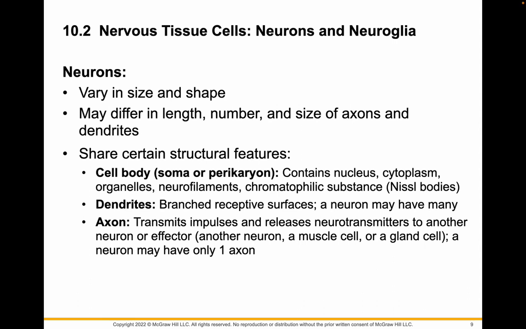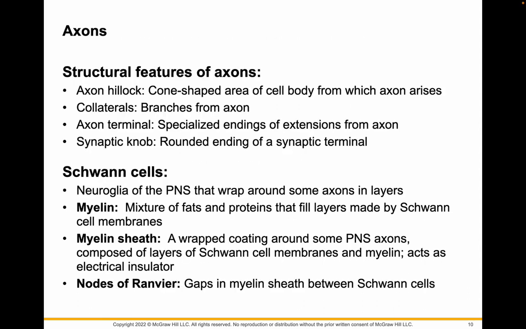And then the axon is what transmits the impulse and eventually releases the neurotransmitters to either another neuron that it's talking to or the effector, which could be a muscle cell or a gland. A neuron can only have one axon, but it can have many dendrites. The dendrites are the branches that receive information, and they do lead to an axon hillock.